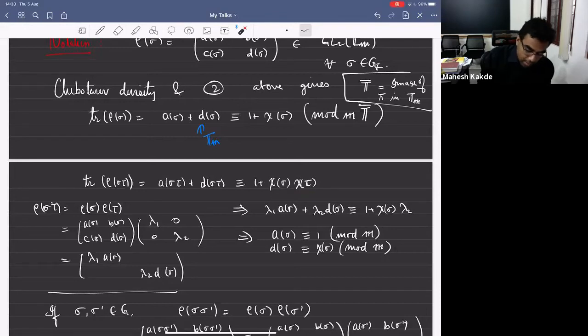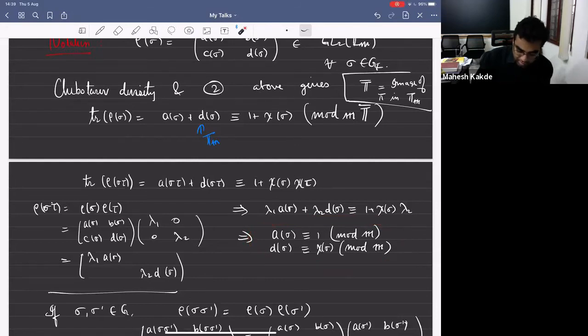But I can find out what A sigma and D sigma are in terms of A sigma tau and D sigma tau, simply because rho is a representation. So rho of sigma tau is rho of sigma times rho of tau. I write it as a matrix, and in short I get something like this. Putting together all these congruences, you can deduce this.